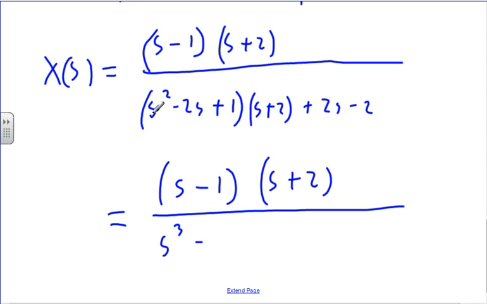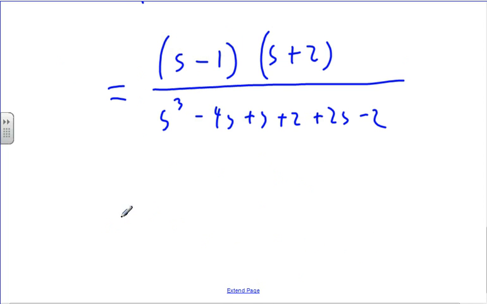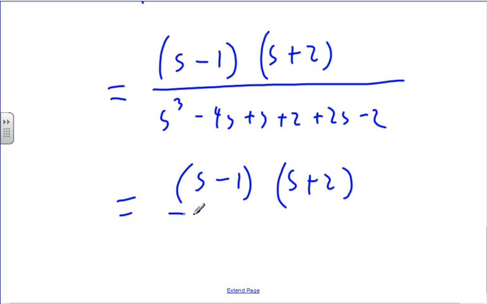They go away. I got minus 4s, minus 4s, plus s plus 2 plus 2s minus 2. Alright, so I got s minus 1, s plus 2, I got an s cubed, I got a minus 4, I got a minus s, the other guy goes away.